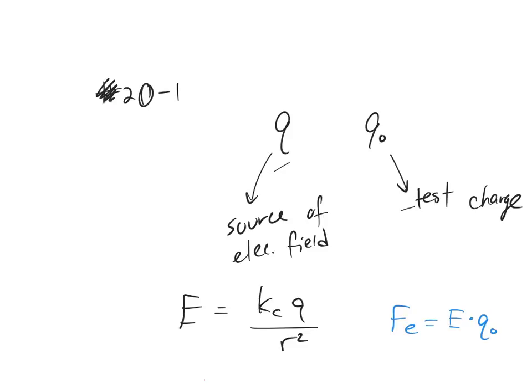Again, E is the electric field itself, the intensity, the strength in newtons per coulomb. Q is this like Earth, the thing that generates a field around it. Something with a lot of charge, a sphere with a lot of charge generates a field around it. This is how far you are from that sphere. Now, if you introduce a test charge somewhere from the sphere, you could find out what the force acting on the charge would be by taking this field, whatever the answer is, and multiplying it by your test charge.